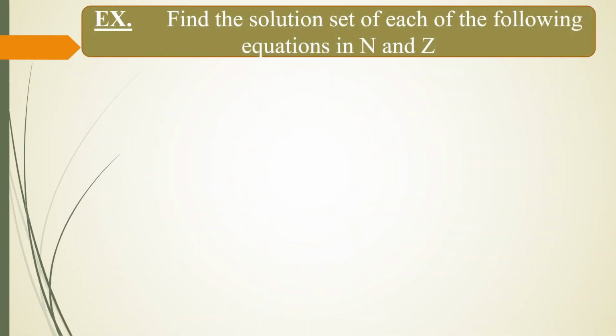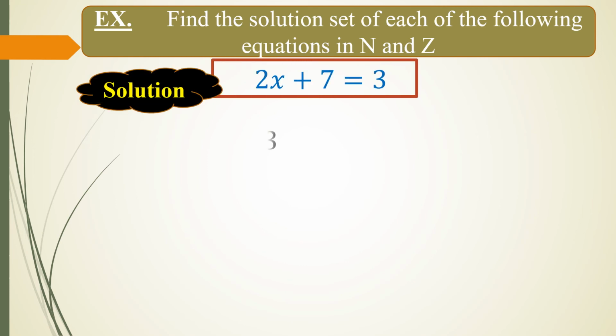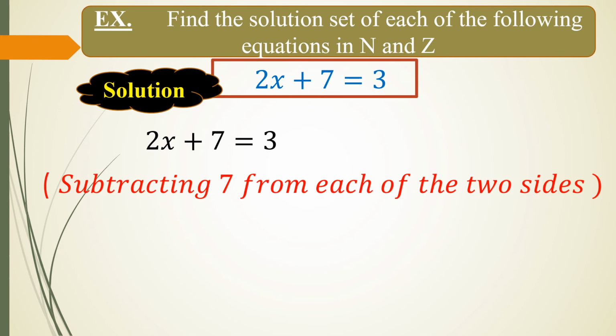Another one. Find the solution set of each of the following equations in N and Z. 2x plus 7 equals 3. Solution. Here, I will get rid of the positive sign. Now, plus 7, what is the inverse of plus 7? It is minus 7.